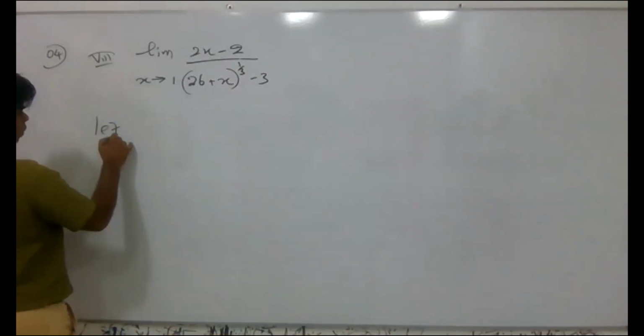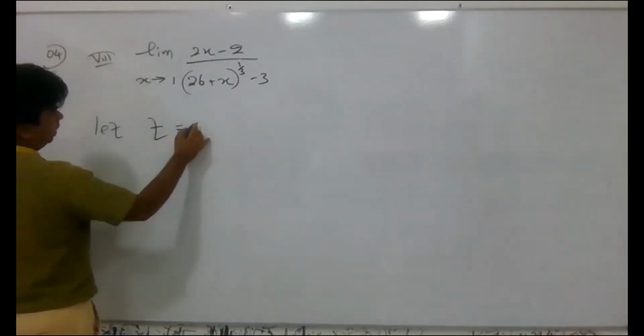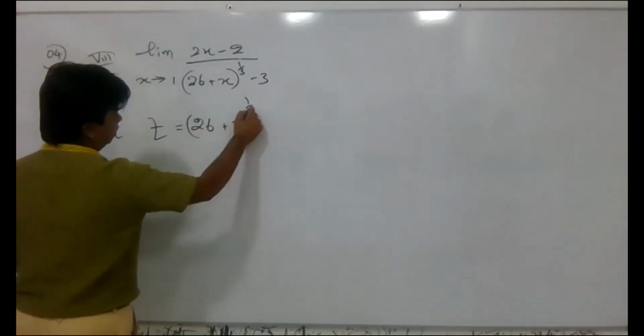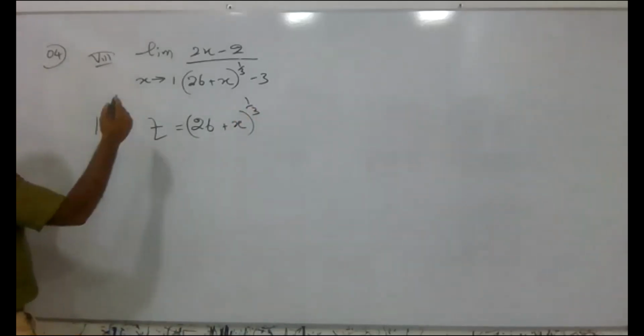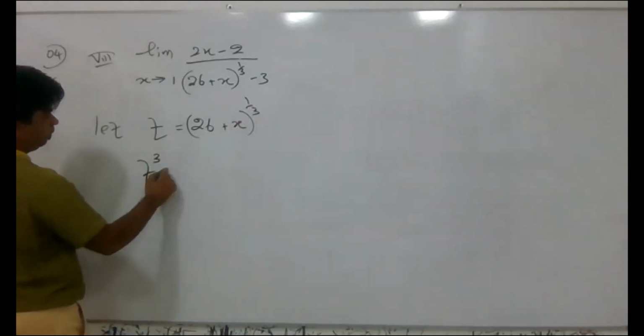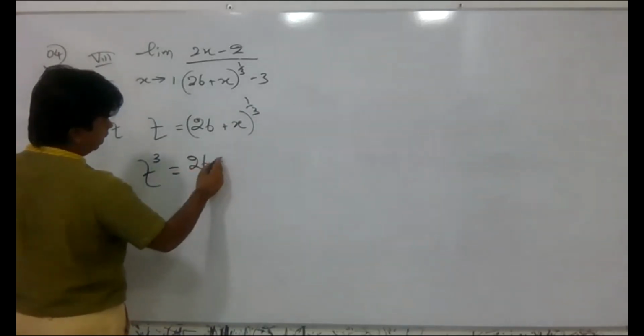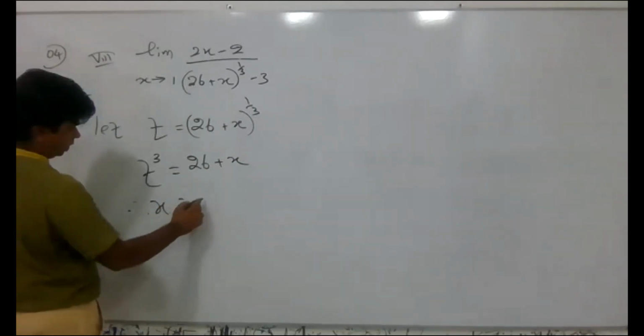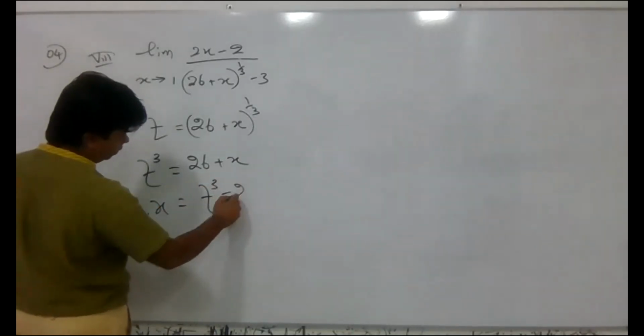Now, what do we do here? Suppose that you put t equals (26 plus x) to the power 1/3, right? Then by cubing, you can see that t cubed equals 26 plus x. Clear? Now I will write x equals t cubed minus 26.